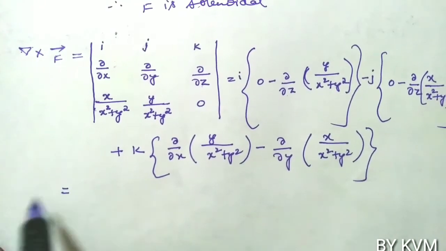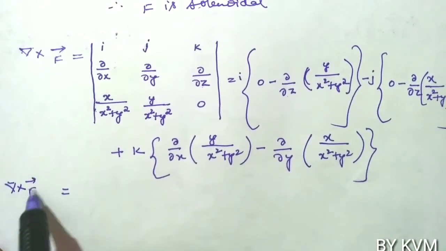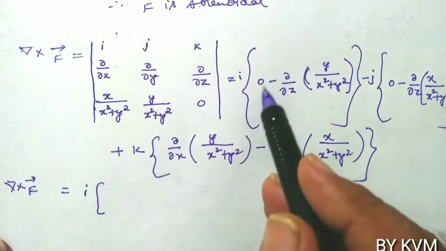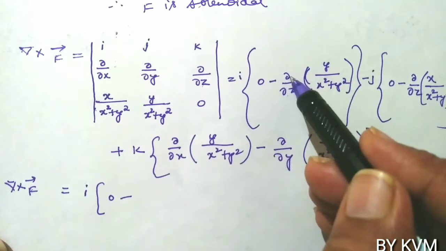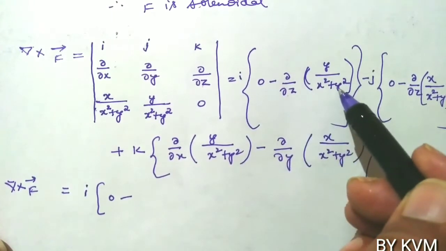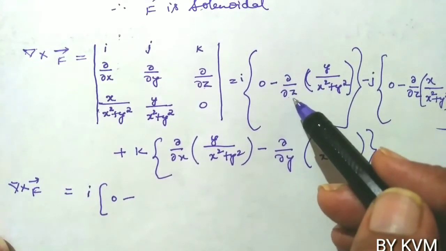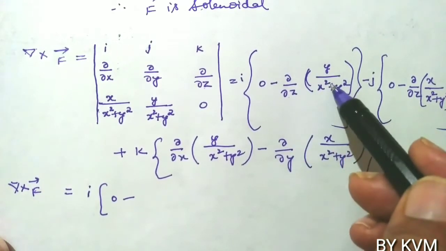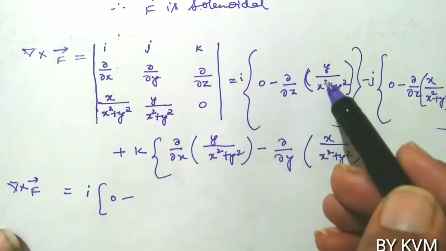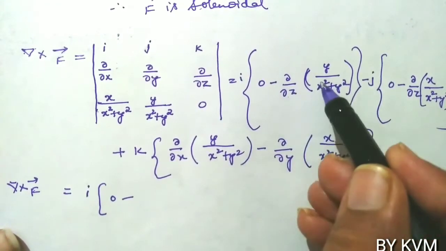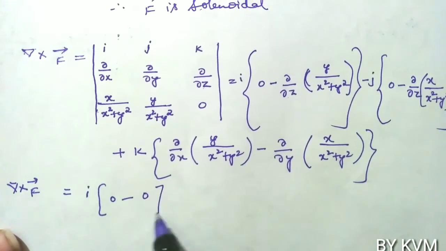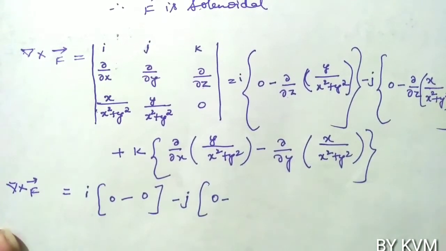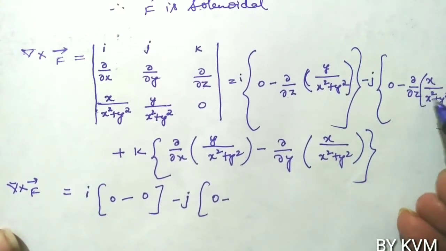So this is equal to, del cross vector f equals i into 0 minus ∂/∂z of y by x² + y². So ∂/∂z means we have to differentiate partially with respect to z. So x and y are constants. Here the z term is not there. So this whole term is a constant. So the derivative of a constant is 0, minus j times 0 minus ∂/∂z of x by x² + y².